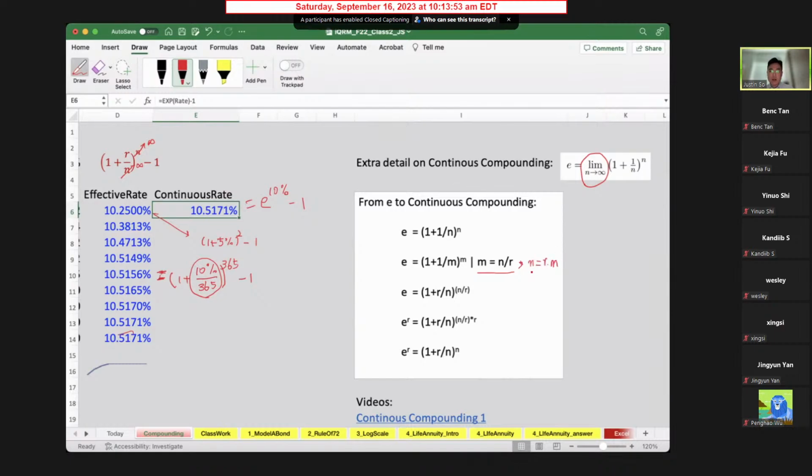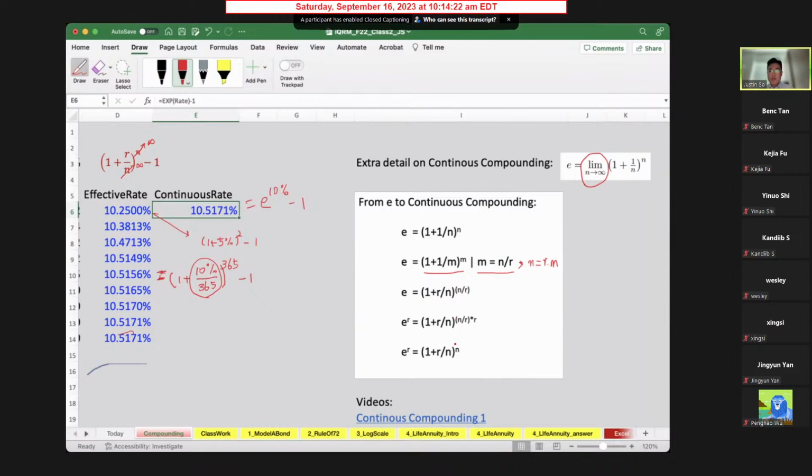Now we change it: 1 plus 1 over M to the M. You see, this form looks the same as the definition of E. And then instead of M, it is N over R here.